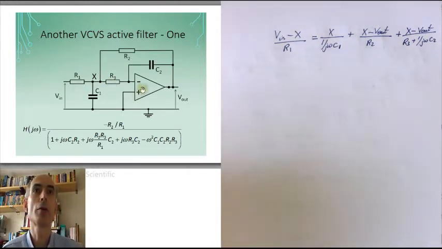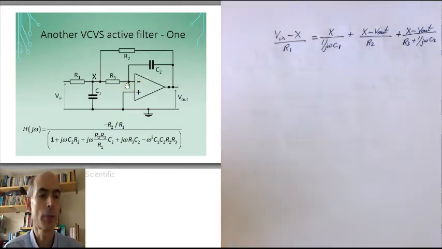Then we can note that for this op-amp to be in its linear region, its two inputs must be at approximately the same voltage, and the non-inverting input is tied to ground, so the inverting input must be at effectively a 0 volt or ground voltage as well.